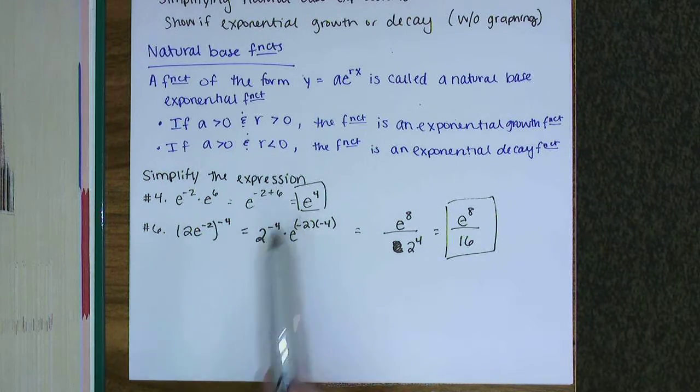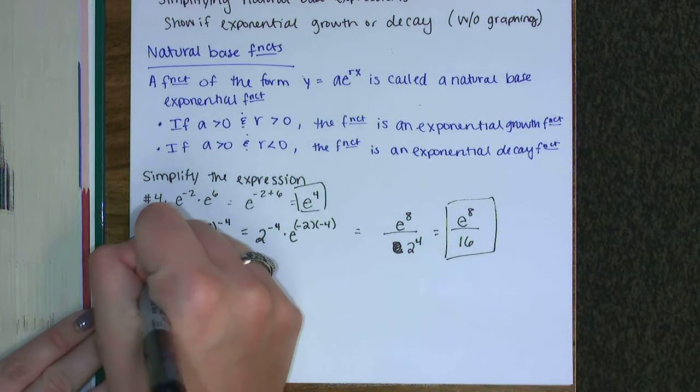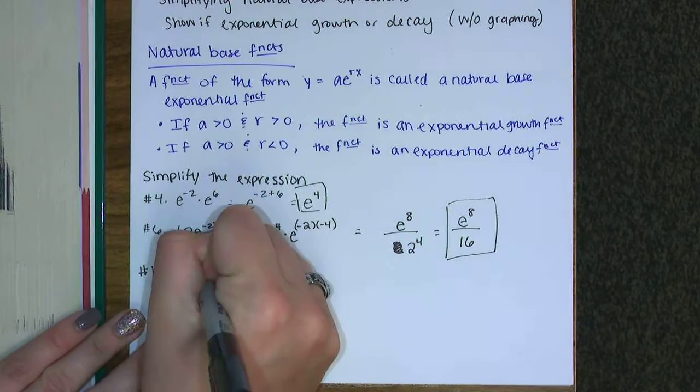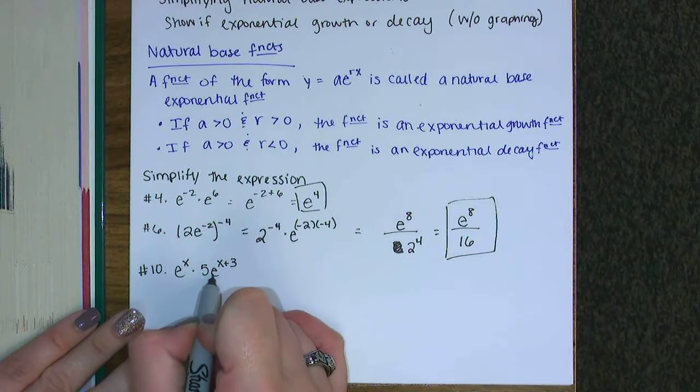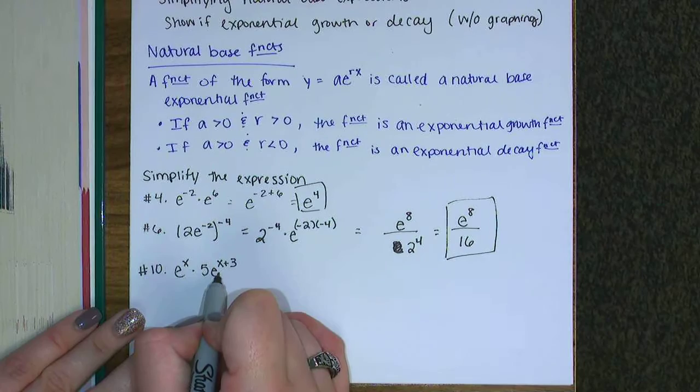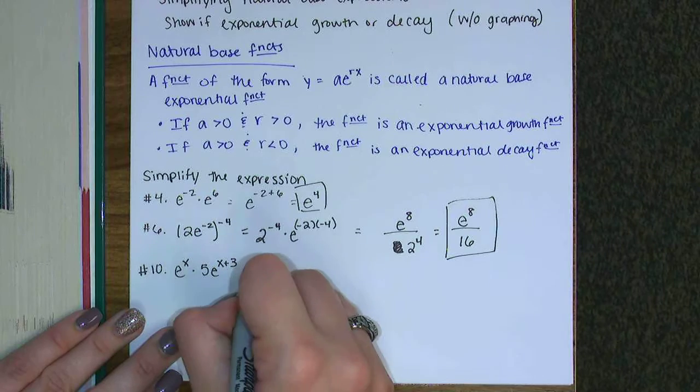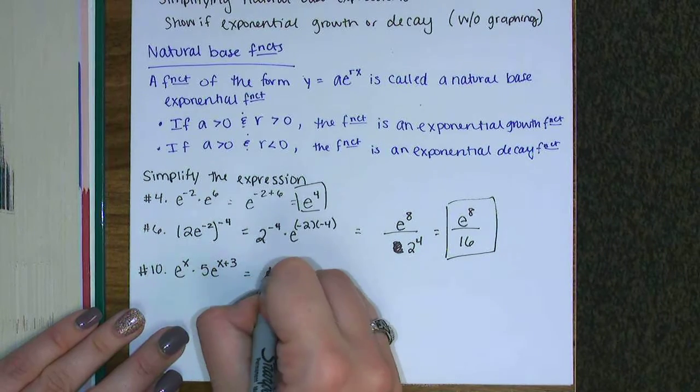So number 10, e to the x times 5e to the x plus 3. And notice this x plus 3 is only on the e. It's not on the 5. So we can just stick the 5 out front.